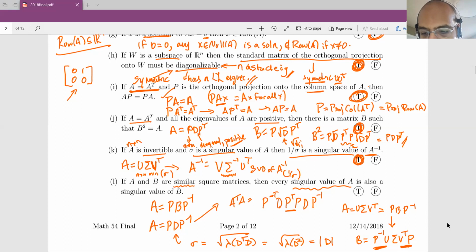We want to say that it cannot be equal to some other U prime sigma V prime transpose for any orthogonal U prime and V prime. That's what you need to prove, and we haven't actually proven that. The easier thing to do at this point is just try to come up with a numerical example that shows it's false.